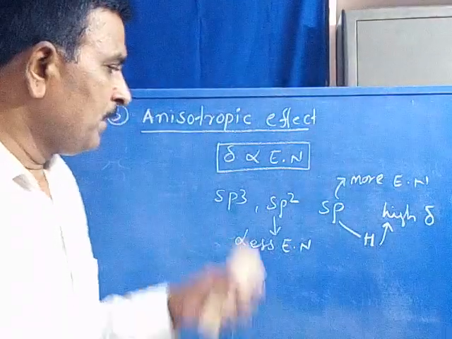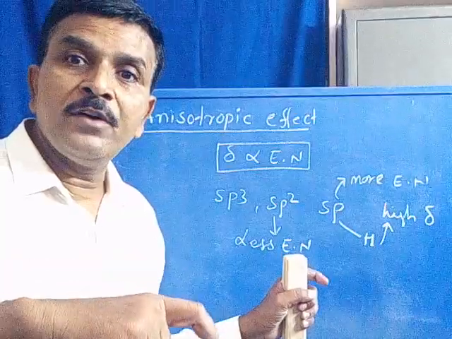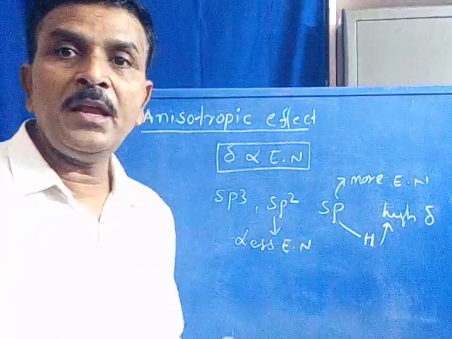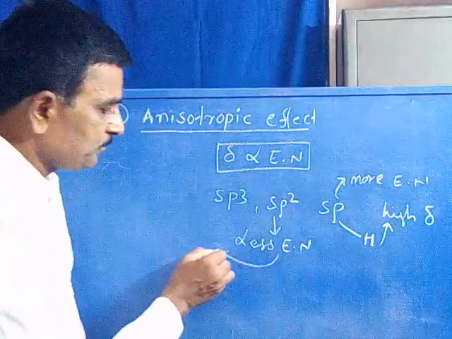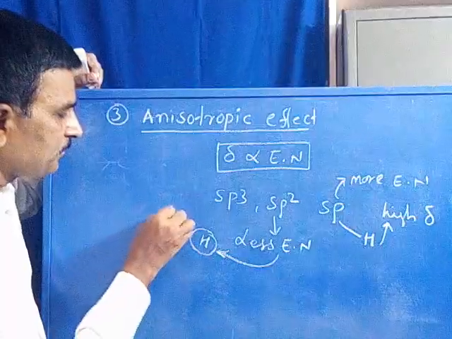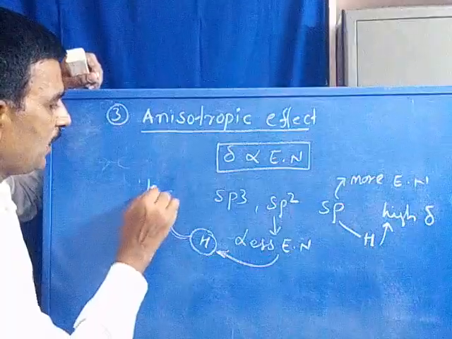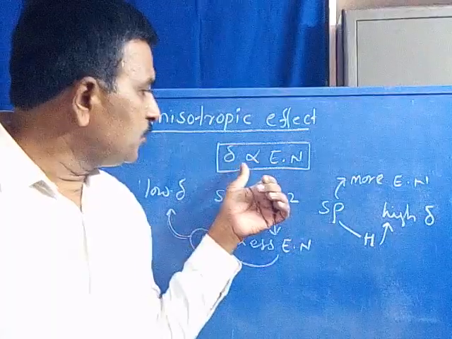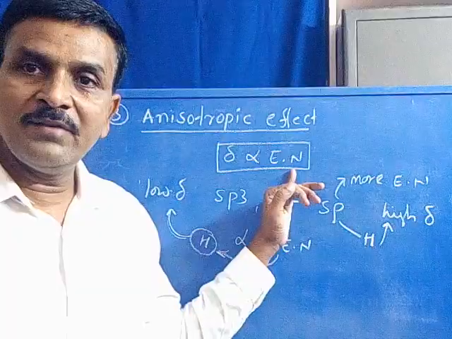Are you following? Similarly, the protons attached to sp2 hybridized carbon, where electronegativity is somewhat less when compared to sp hybridized carbon, should appear at low delta value. According to the relation we discussed, delta is directly proportional to electronegativity.